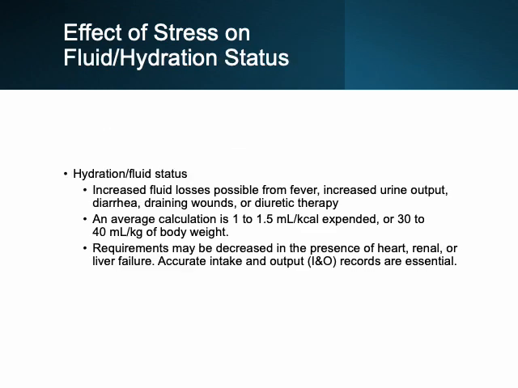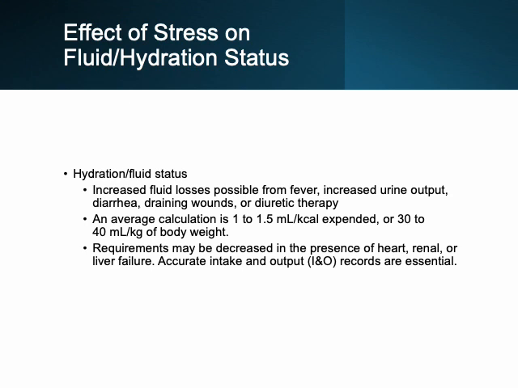Hydration status is also really important. Fluid losses can result from times of stress like fever, because we have increased perspiration, or they can result from urine output, diarrhea, draining wounds, and diuretic therapy. Any of these things can cause our hydration or fluid status to change and our requirements to increase.